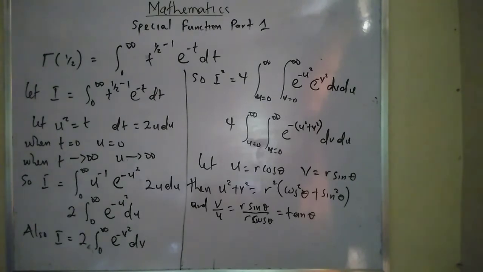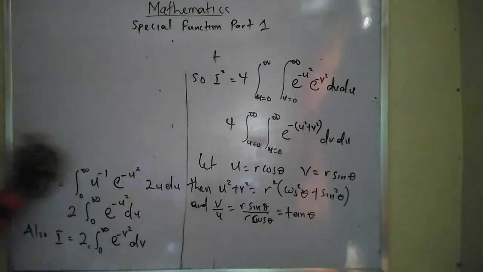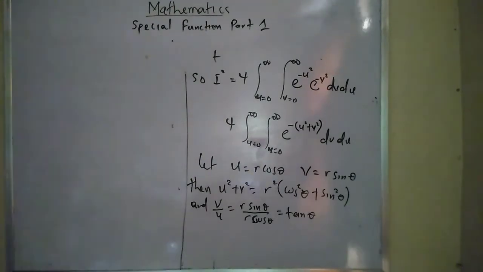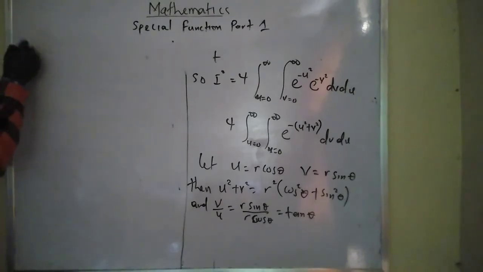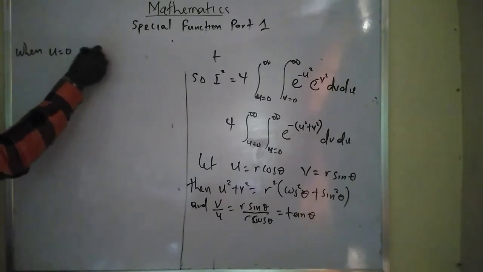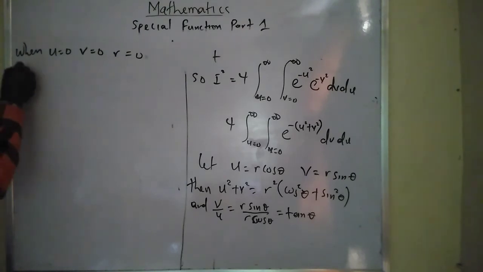Now I can say that when u equals 0 and v equals 0, r also equals 0.